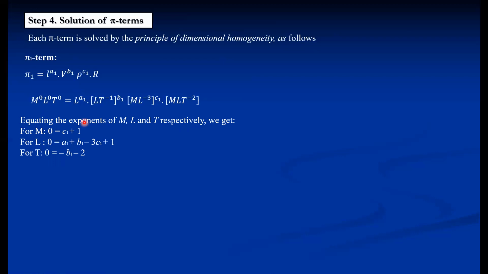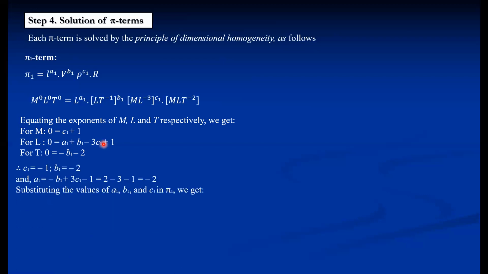So that is A1, then minus B1, that is L power is B1, then minus 3C1 plus this particular bracket, there is only one value. If it is no power, means 1. That is L raised to 1, that is 1.